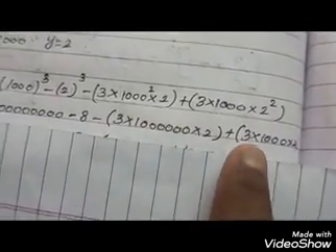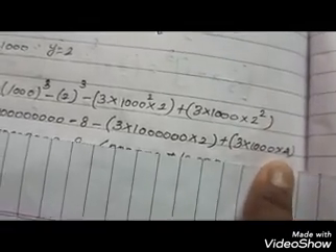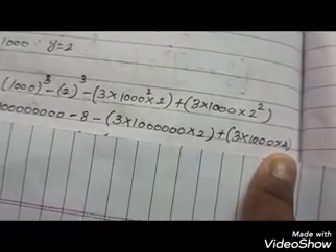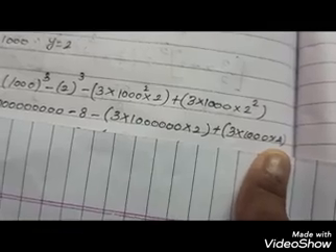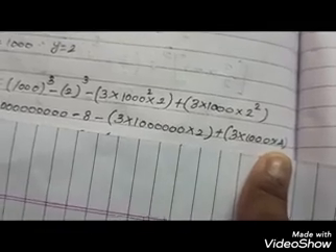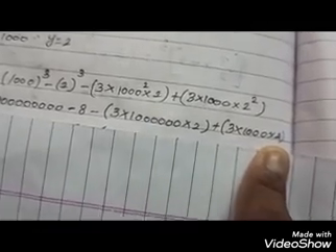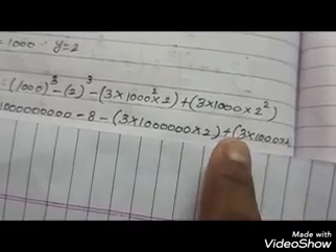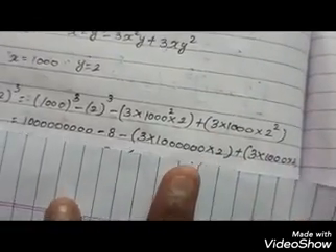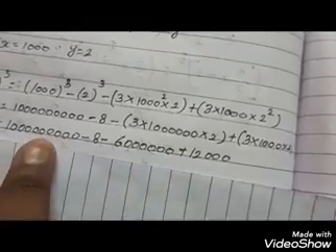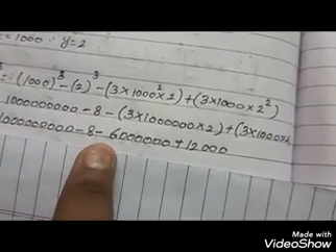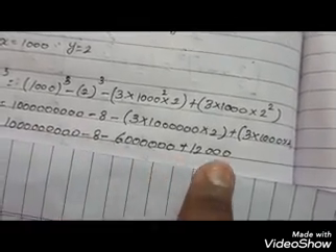Then 3 fours are 12, so 12 into 1000 is 12,000. The value is 100 crore minus 8 minus 60 lakh plus 12,000.